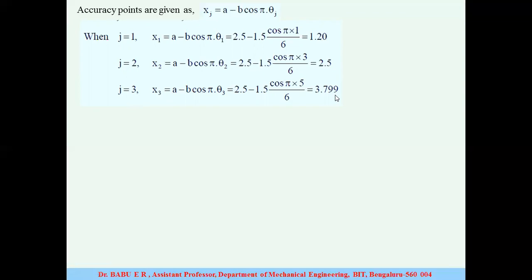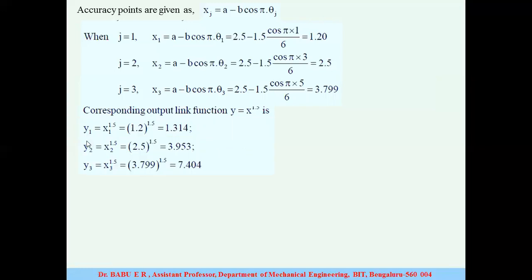Once you get the positions x1, x2, x3, we need to calculate the values of y1, y2, y3. So x is the independent variable and y is the dependent variable; y always depends upon x1, x2 and x3. We know the output link function is y equals x to the power of 1.5. So when x is x1, y becomes y1, which equals x1 to the power of 1.5.